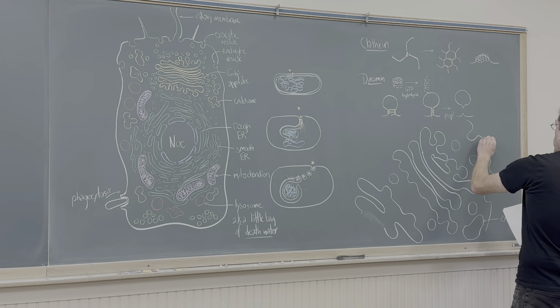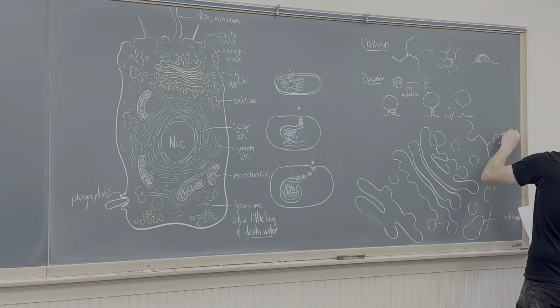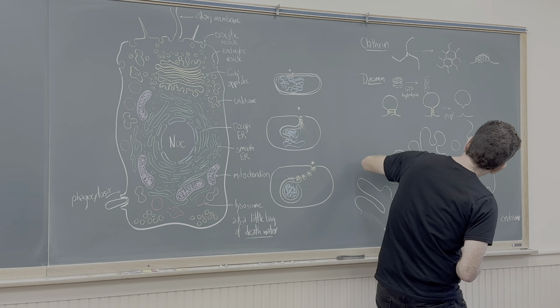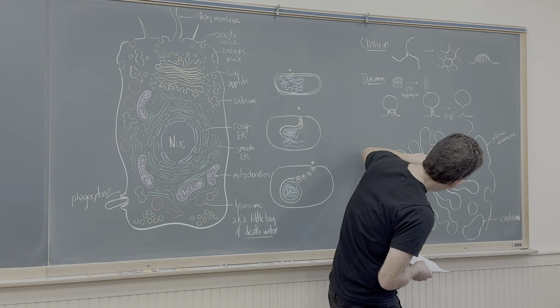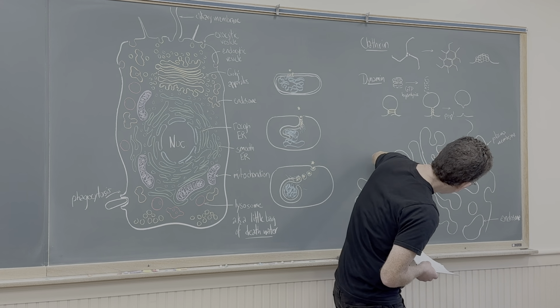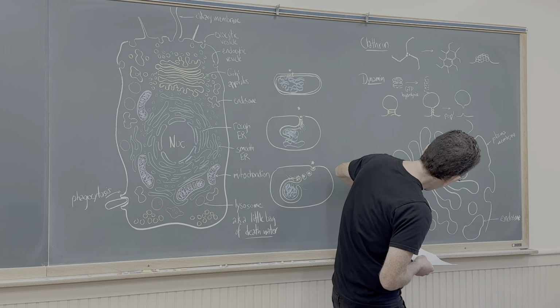This, of course, is the plasma membrane. This is what we call the trans-Golgi, medial because it's in the middle, and cis-Golgi, whereas this is the ER.